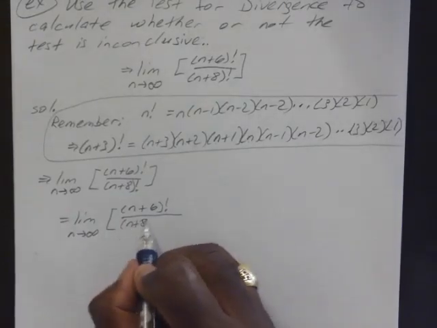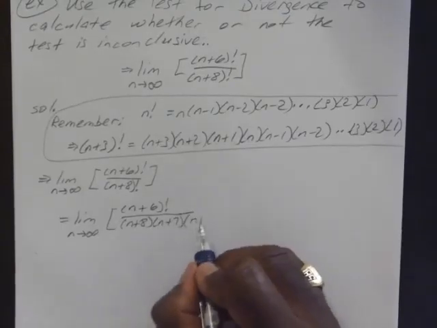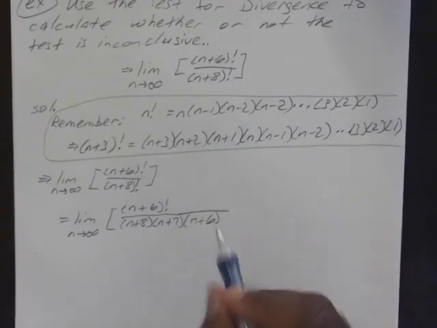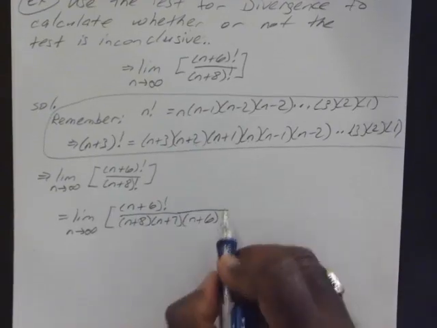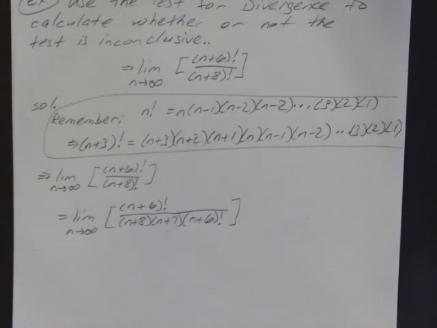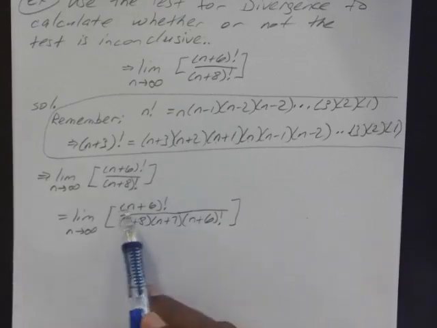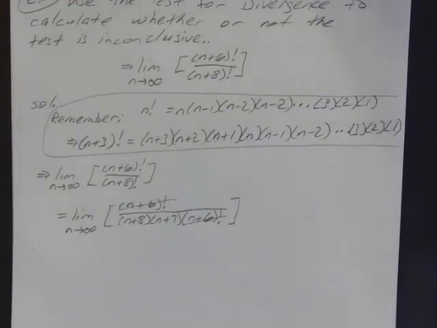Everything after n plus 6 is just n plus 6 factorial, because it keeps going down one at a time. So this n plus 6 factorial and this n plus 6 factorial cancel each other out.